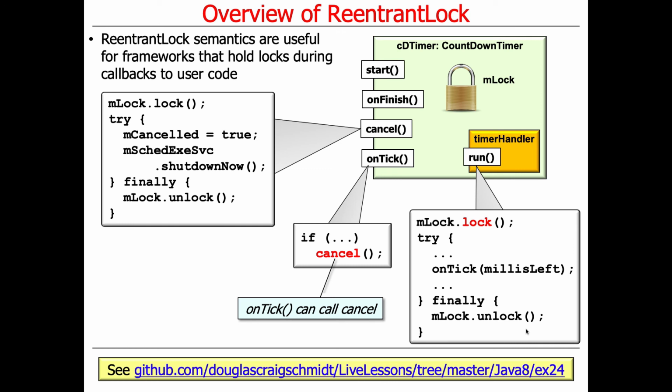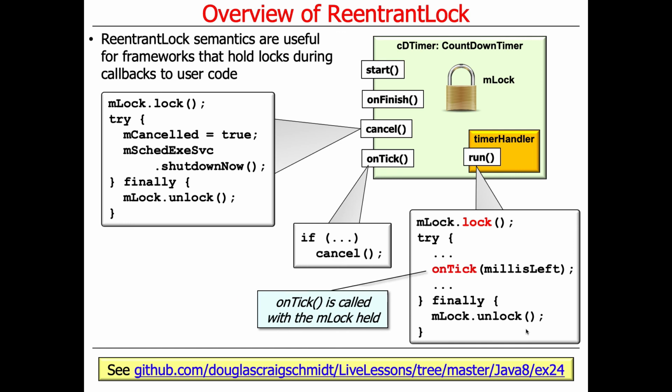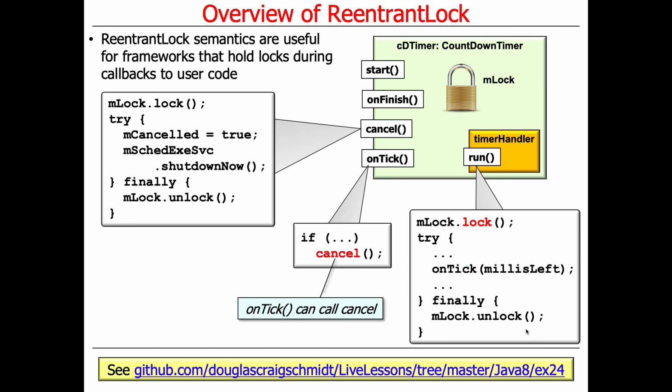And let's say, for sake of argument, that the onTick hook method, which is what the user defines, right? This is framework code. This is user-defined code. The user-defined onTick hook method might decide to call cancel. It might say, I'm done with my processing. I want to prematurely exit this countdown timer. I'm out of here, or I want to be out of here.